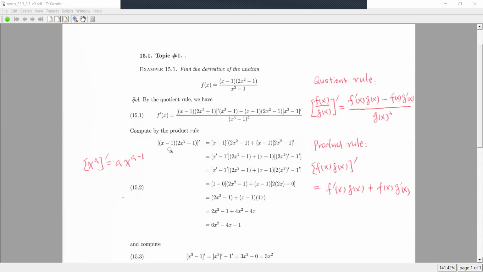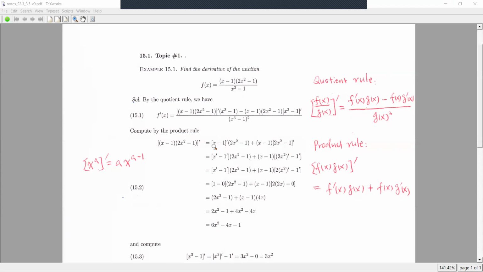By product rule, it is derivative of the first function, x minus 1, times the second function plus the first function times derivative of the second function.